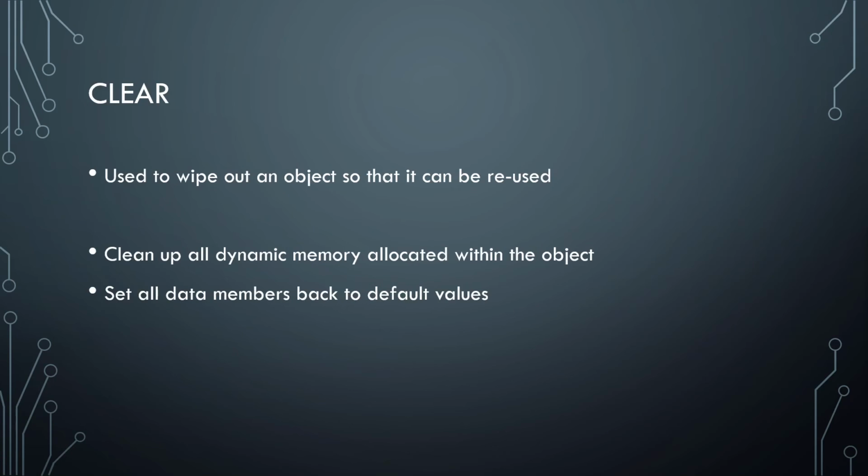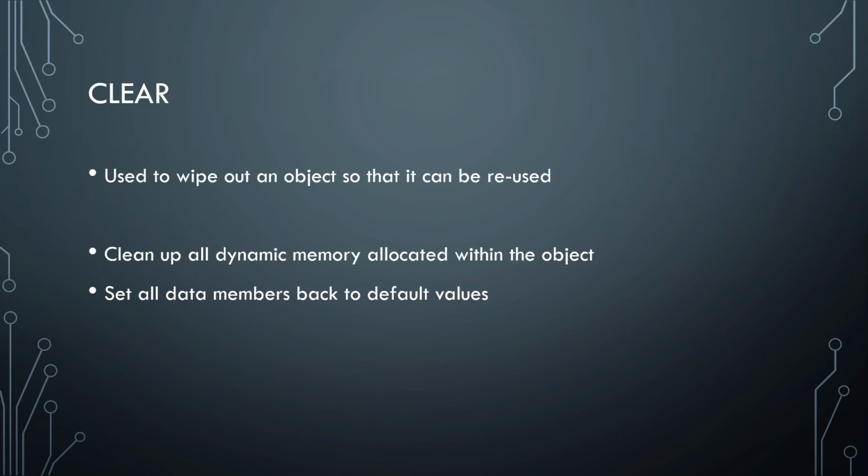The clear method can be used to essentially reset an object so that it can be reused. A lot of times in a larger application, we may be running the same thing multiple times. So we may need to reload a level in a game, or supply a new search query to a search engine, which would then need to load a bunch of different results.